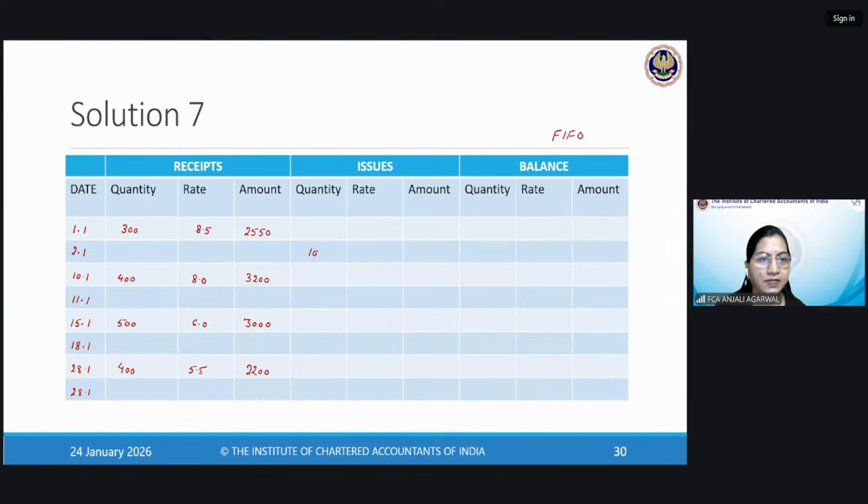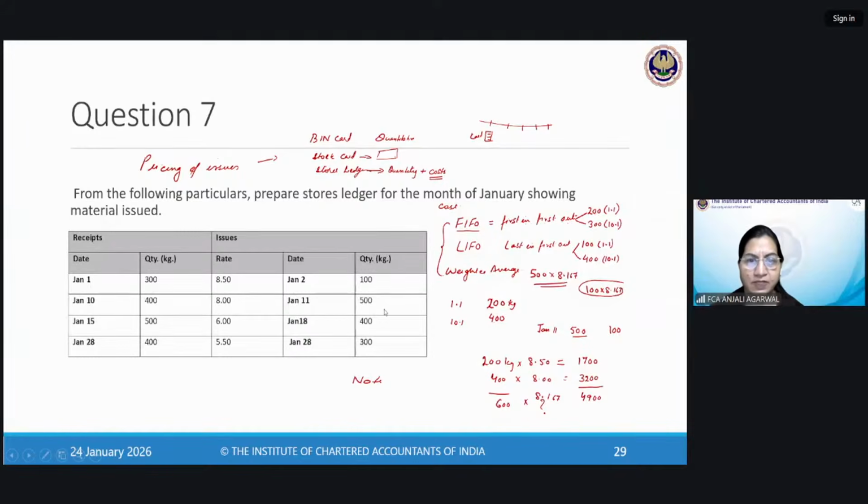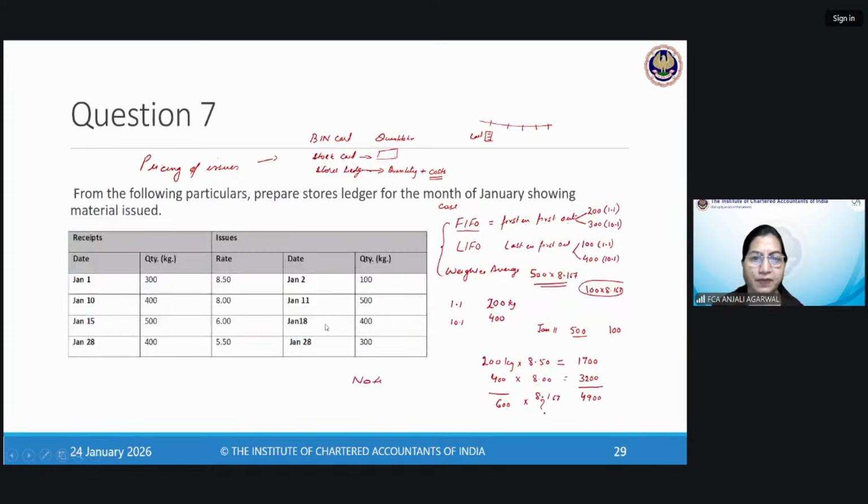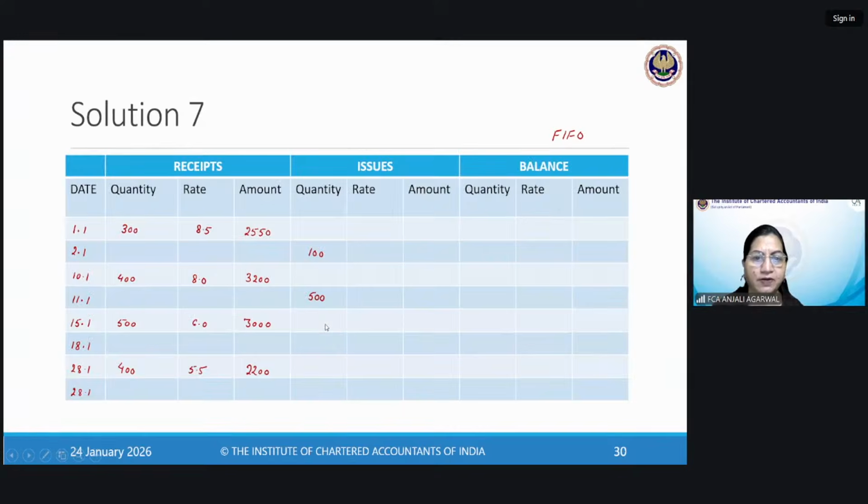Issues on 2nd January, 100. Then on 11th January, 500. 18th January, 400. And then 300.